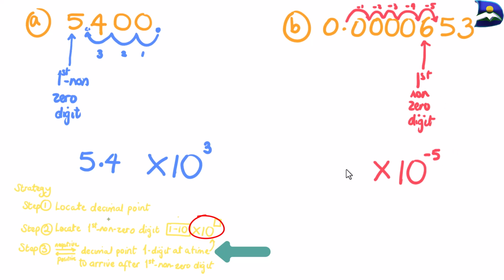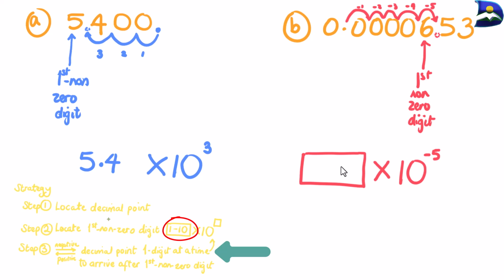And finally is what is the decimal that is between 1 and 10 that we're going to place right here. And that number from the first non-zero digit onwards is what we're going to place as our result here. But take note that our new decimal point is going to be placed right here.